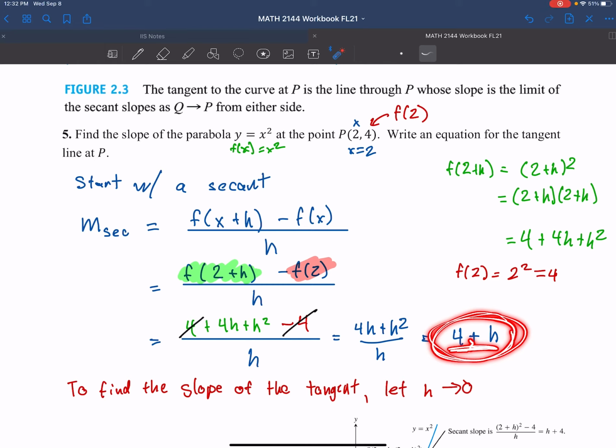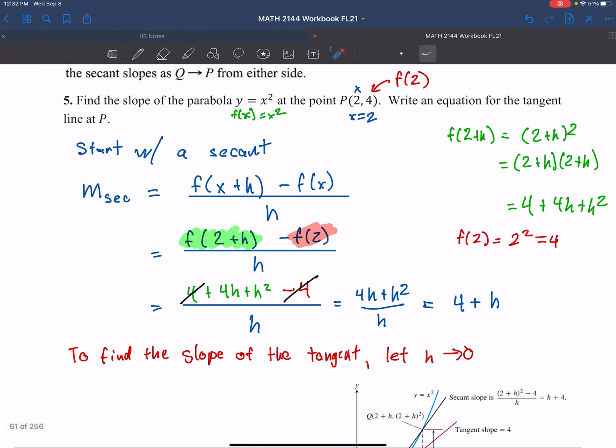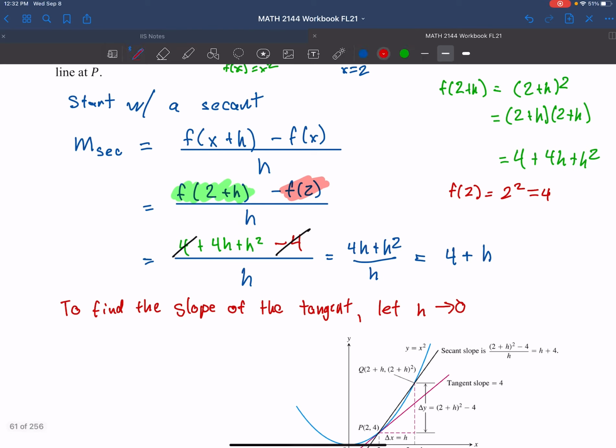It's just going to end up being the 4. So algebra can happen to cancel this out, and we'll talk more about that in the coming days. But the nice part right here is that this gives the m of the tangent as 4.